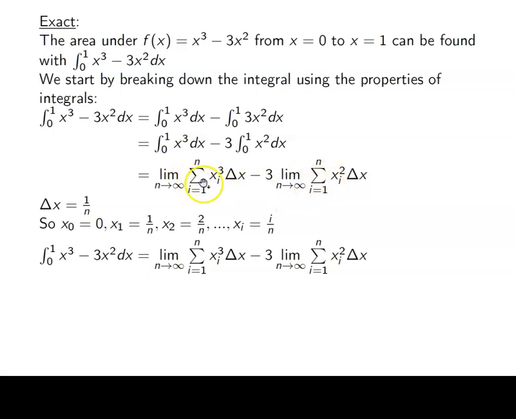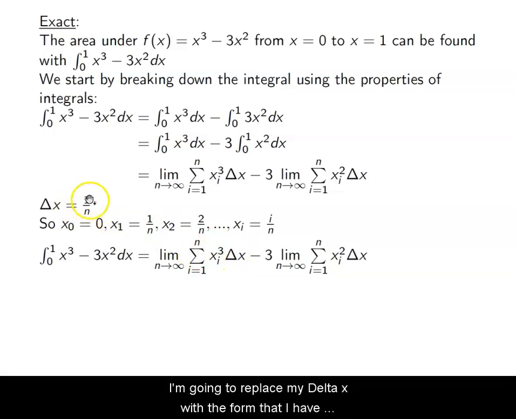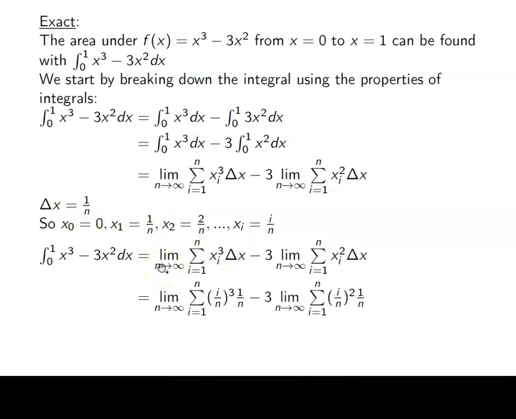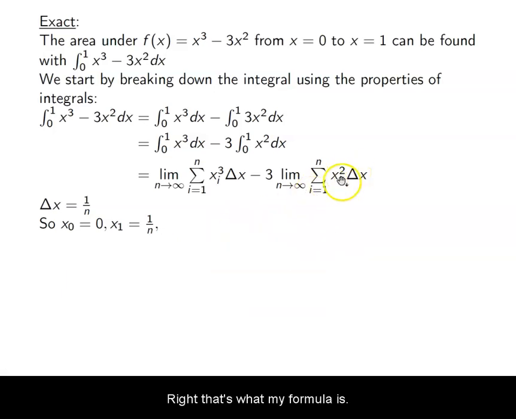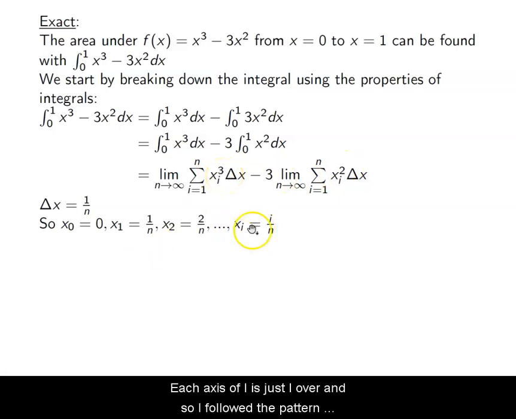I'm going to replace my delta x with the form that I have, which is 1 over n. And this x sub i is really just i over n. Each x sub i is just i over n.